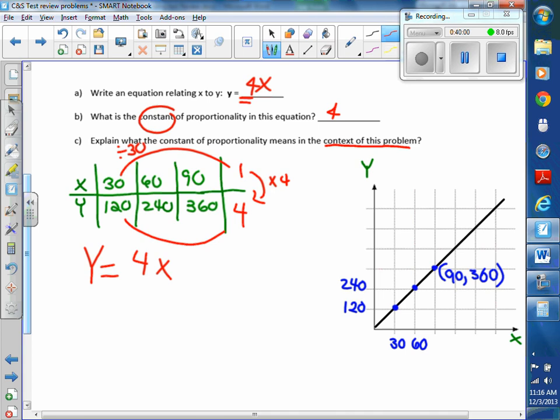But if you look back at your old quizzes, there were things like calories per gram of granola. If there's a context, then you would explain what it means in the context of the problem. So part C doesn't apply because I don't have an application problem here. Alrighty, so I'll post this.